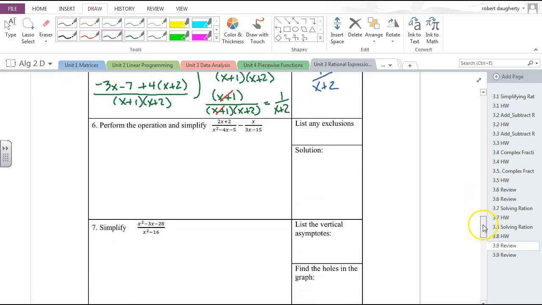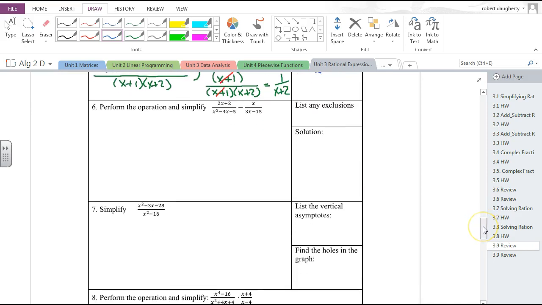Next one, perform an operation which is subtraction and simplify. Key here again, factor wherever you can. Looking at that first term, 2x plus 2 is the same as 2 times x plus 1. X squared minus 4x minus 5: numbers that multiply to negative 5 and add to negative 4, that's a negative 5 and a positive 1.